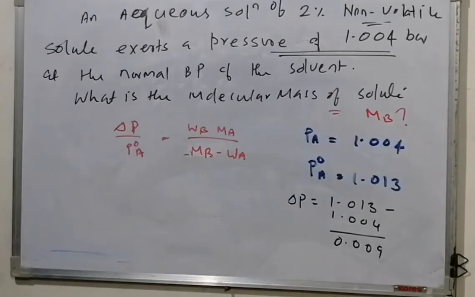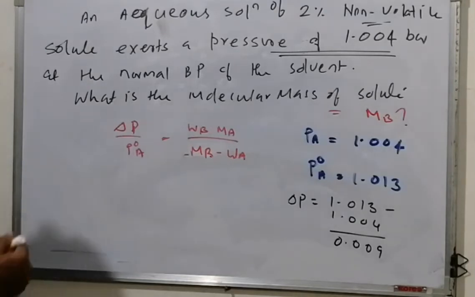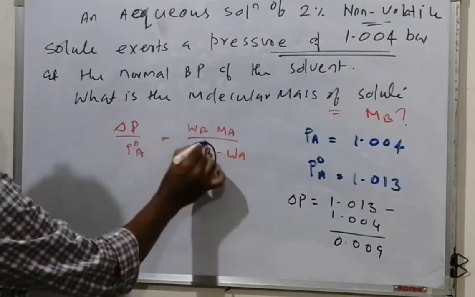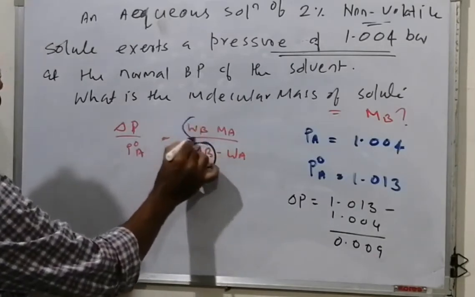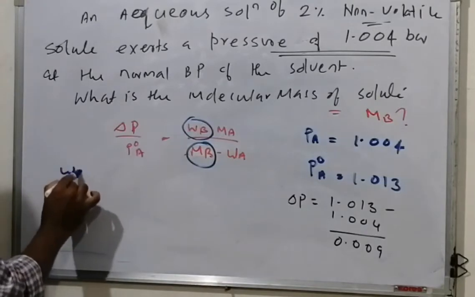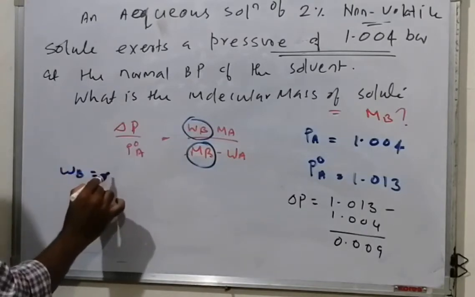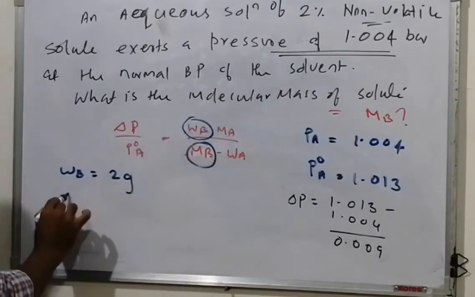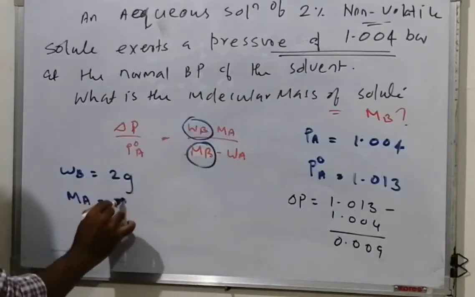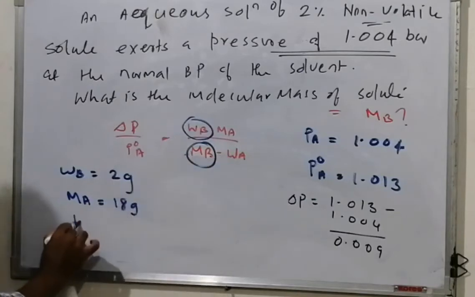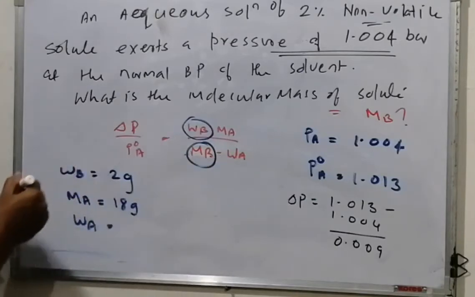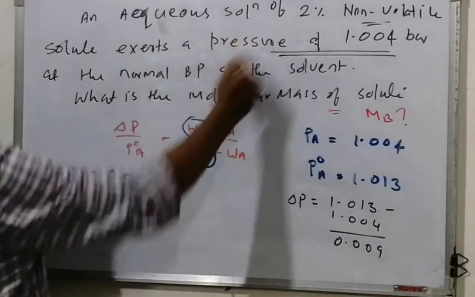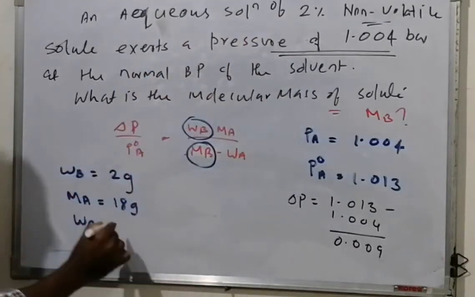Now you got the ΔP. We want to know WB. What is WB? Mass of solute, that is nothing but 2 gram, because 2%. What is MA? Molar mass of water, that is 18 gram. What is WA? Mass of solvent. In an aqueous solution of 2% non-volatile solute, 2% is taken as 2 gram, therefore this is 98 gram.